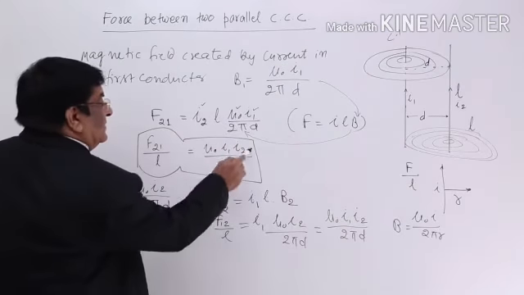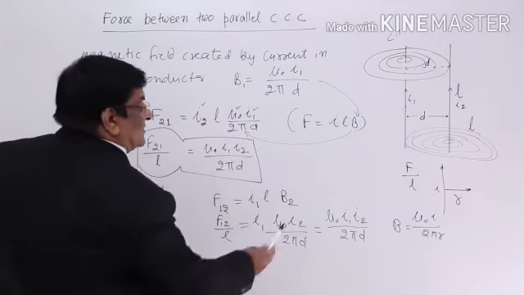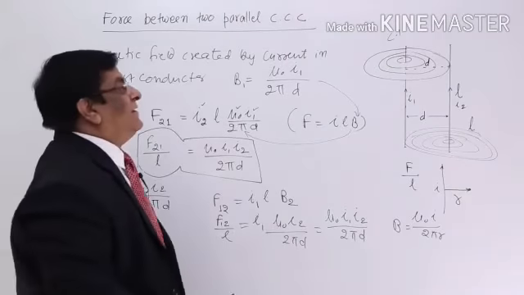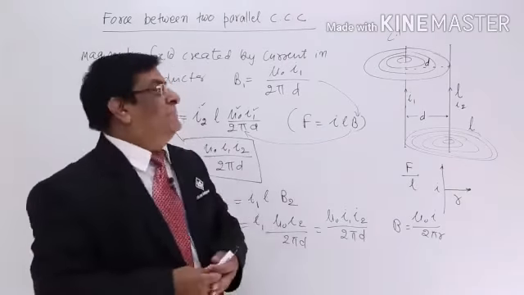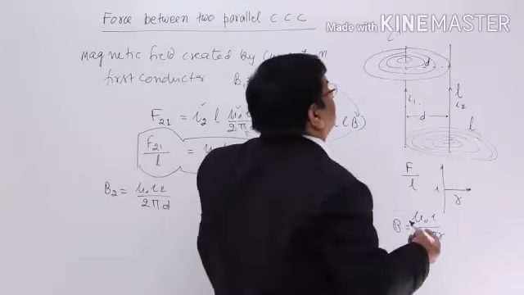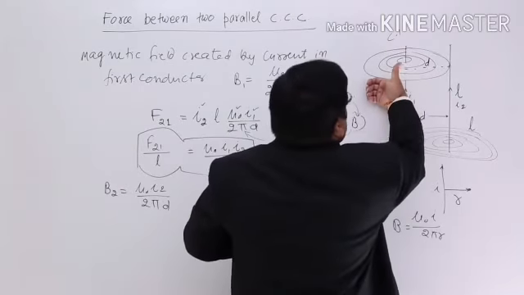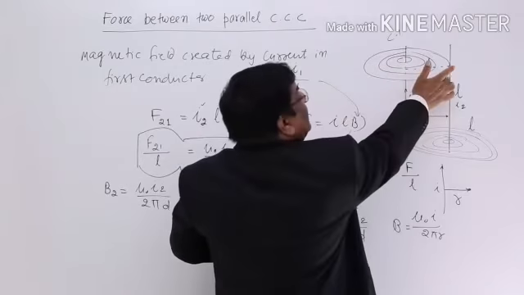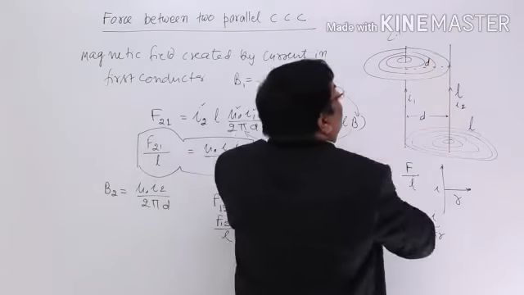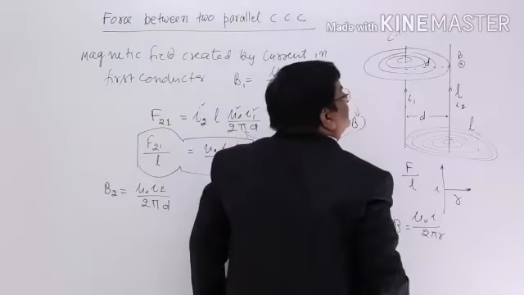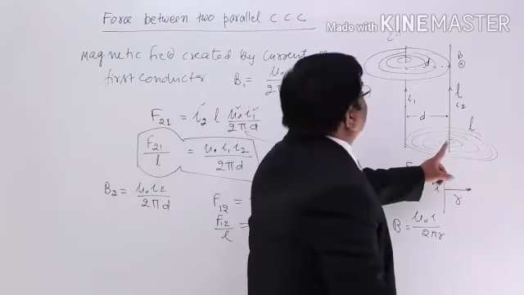But you see this expression and that expression are the same, which means their magnitudes are the same. Now the direction. Here, what was the direction of the magnetic field? The current is going up. Here the magnetic field is coming out and here the magnetic field is going in. Where is the current? This is the current.